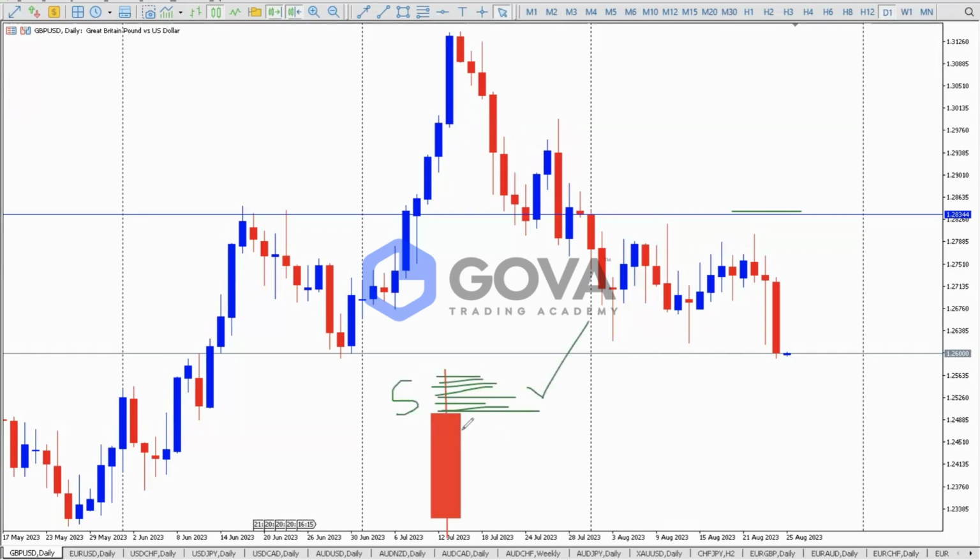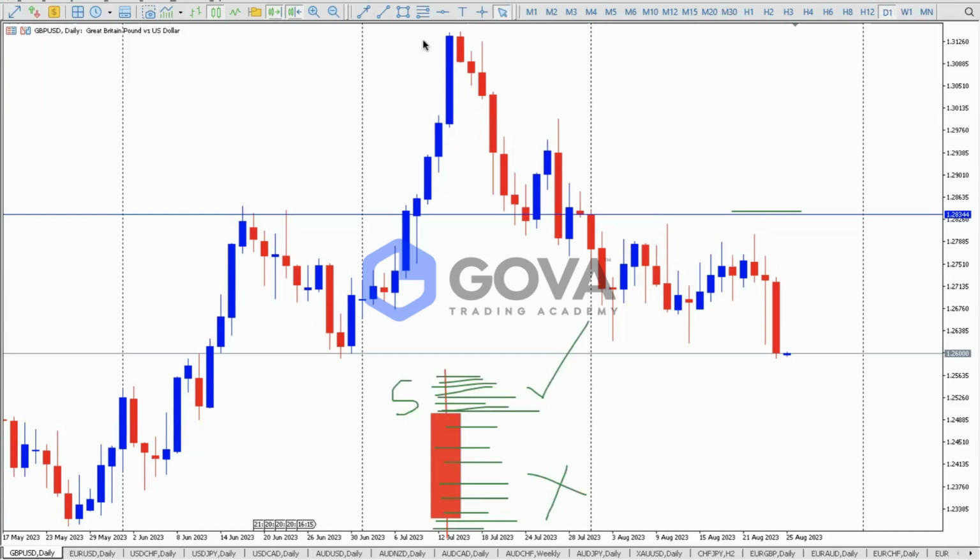But at any point in time where you mark your yellow zone on the lower time frame, and then you switch to the D1 time frame to see where your zone is sitting, and you happen to see that your zone is sitting on the body of the candle, your zone is no longer sitting on the supply of the candle, which is not good.